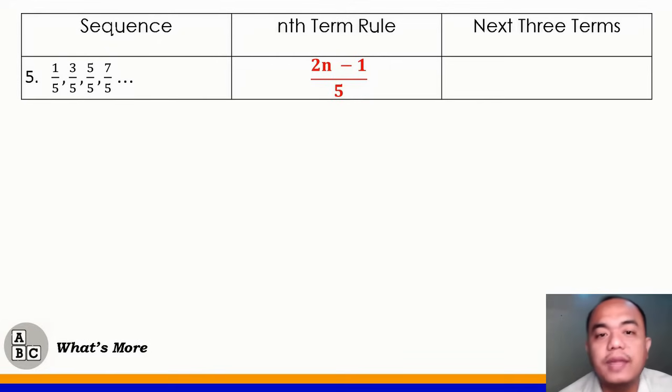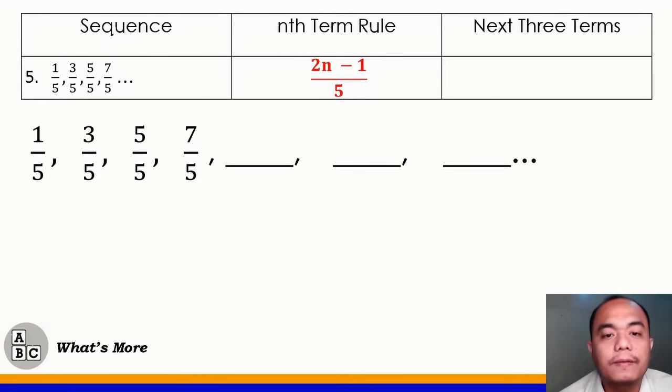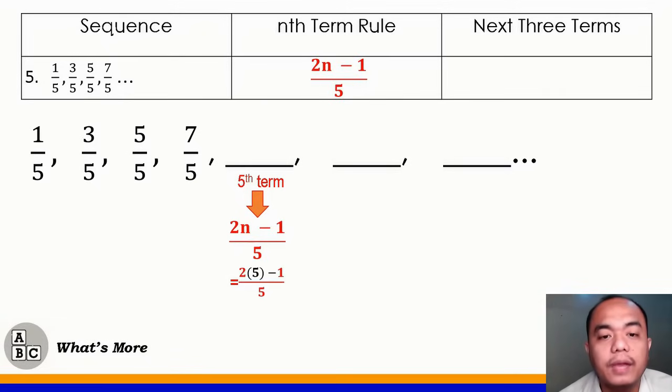Next, let's find the next 3 terms. Obviously, we will use again our nth term here, so 2n minus 1 over 5. 2 times 5 equals 10, minus 1, divided by 5.